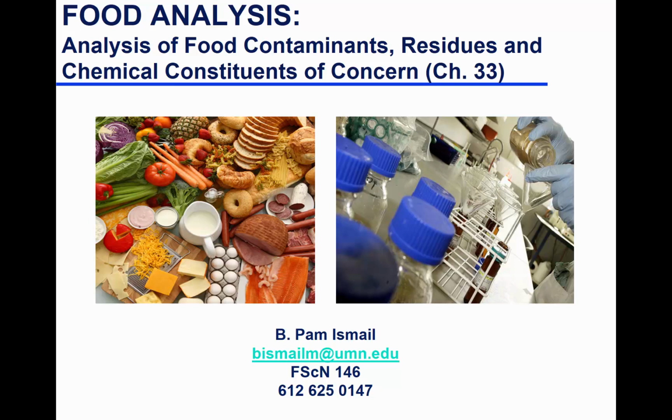What can be produced during processing that can be toxic? Acrylamide and furans, they can be produced during processing. What can be added into food for adulteration?